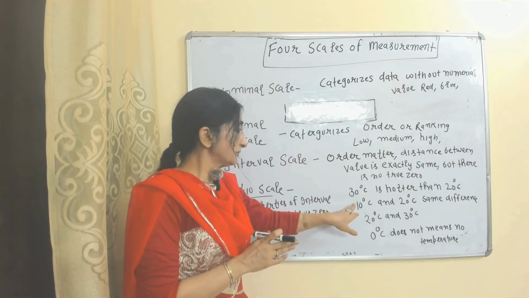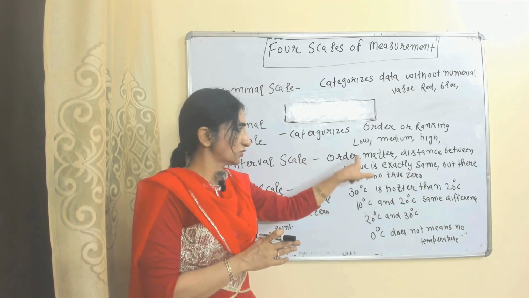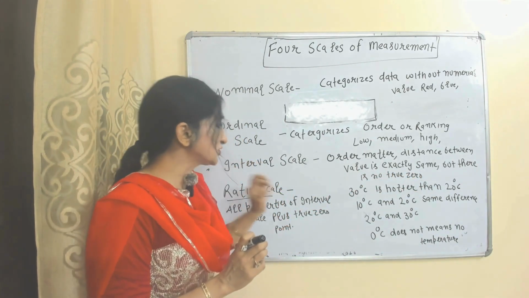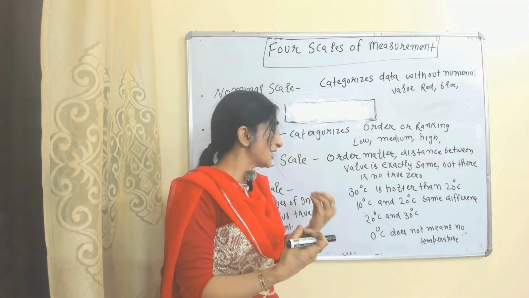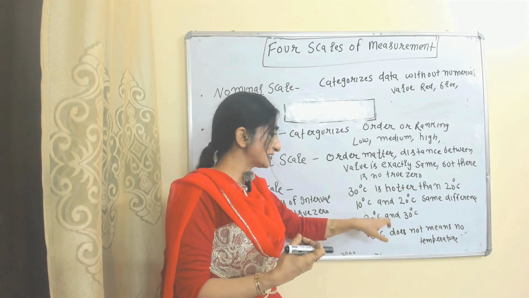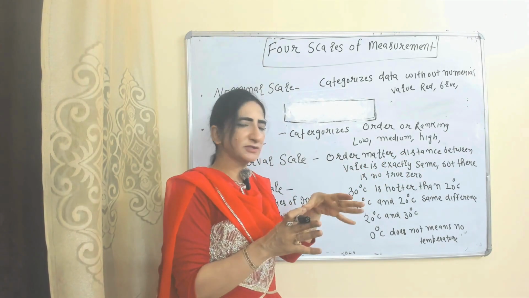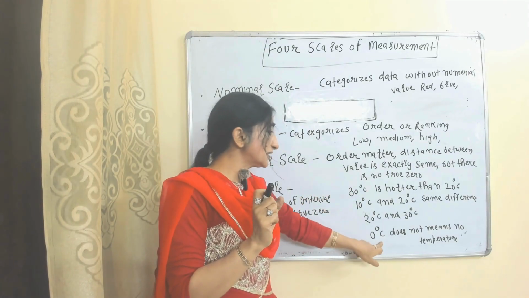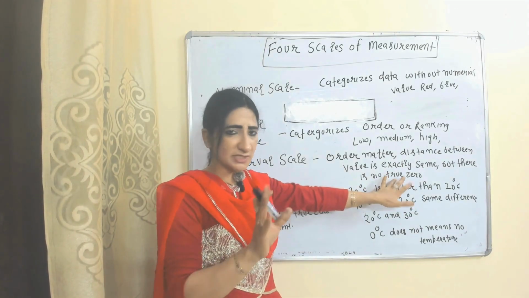For example, 30 degrees Celsius is hotter than 20 degrees Celsius. So order matters. And the difference between 10 degrees Celsius and 20 degrees Celsius is the same as the difference between 20 degrees Celsius and 30 degrees Celsius. So the distance between values is exactly the same. 0 degrees Celsius doesn't mean there is no temperature. So there is no true zero.